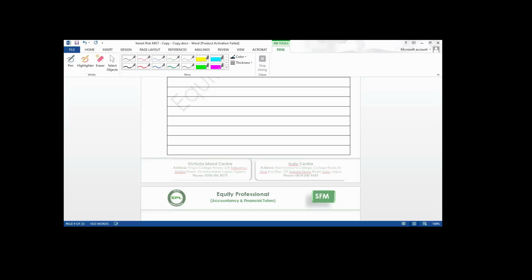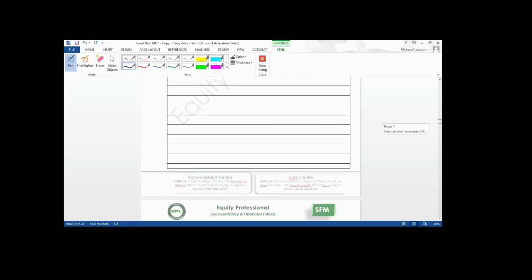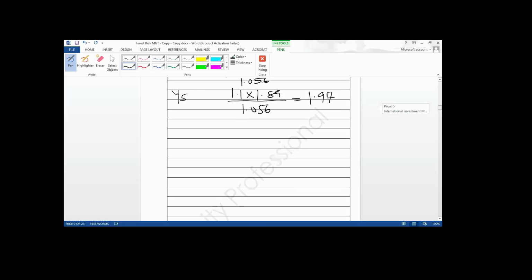Without resolving the issue of exchange rates, we cannot solve that problem. Let's continue. So look at the summary.